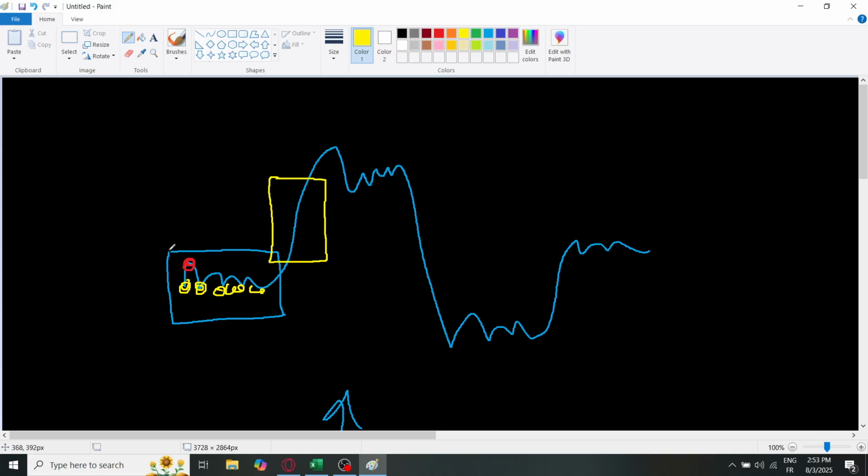Now when the consolidation is over, you see there are two institutions fighting over here. The one that has more contracts to fill will win. In this case, the yellow one filled more contracts, and this made the price go up.